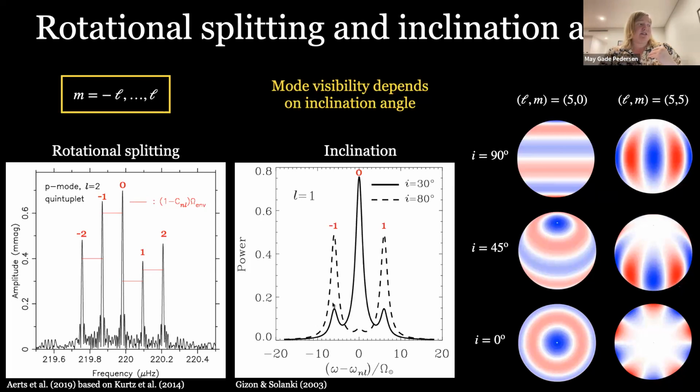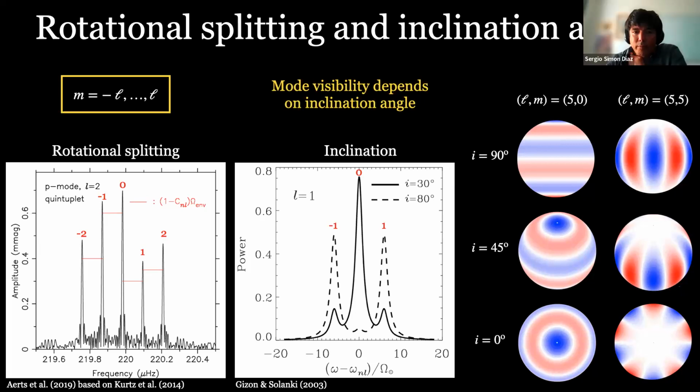So it's easier to see, for example, if you have a case where you're only seeing the m equals -1 and 1 modes and don't really see the m equals 0 mode, then you know that you're close to viewing the star pole-on, contrary to cases where you're viewing it equator-on, where it's easier to see the other modes.